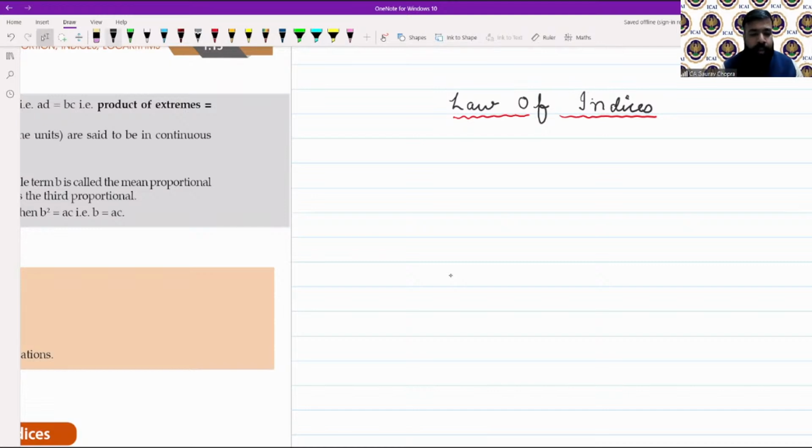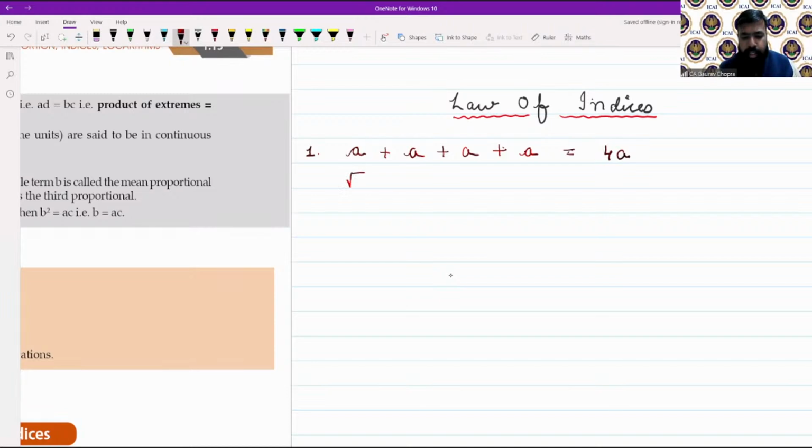The first point is, if we add any number, let's say 4 times, like a plus a plus a plus a, then what is the sum? We are adding a 4 times, so simply it becomes 4a, that is 4 times of a.